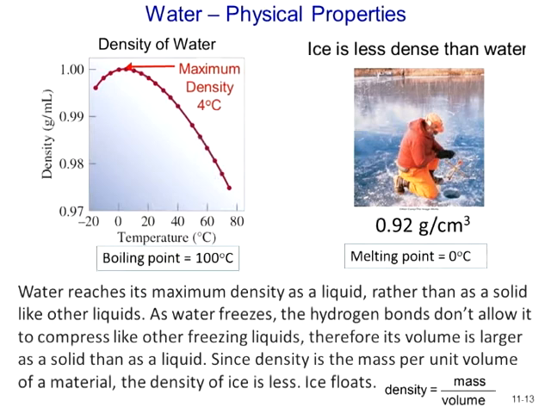So at about 1 gram per mL, we get the maximum density of water. That's the bottom line. So be aware of that. At about 4 degrees, we find its maximum. Therefore, that is the density of water.